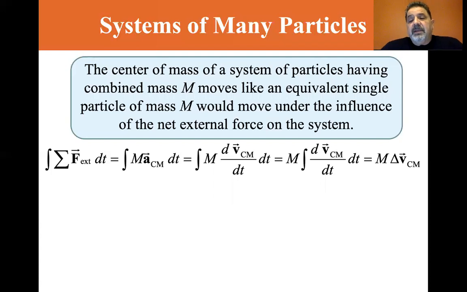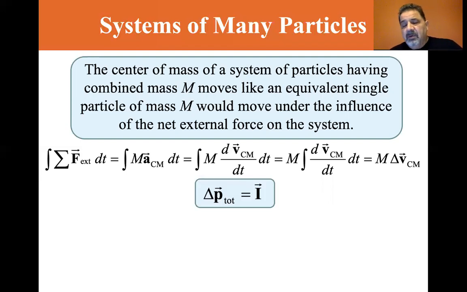We take the mass out of the integral sign because it's a constant, assuming constant mass. We won't be able to do that when it comes to rocket propulsion. The mass times dv_cm, so we're left with the mass times the change in center of mass velocity.